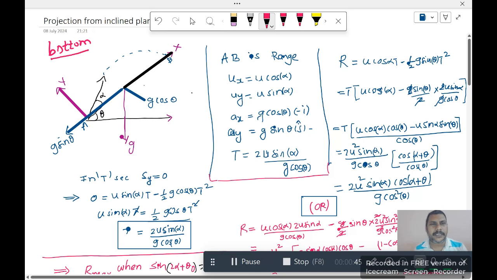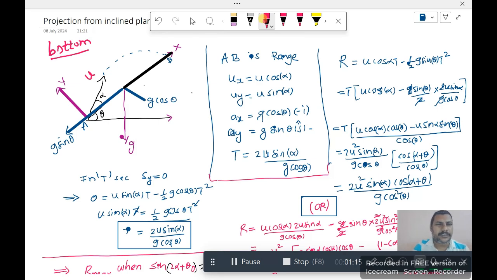So you can see here theta is the inclination angle, alpha is the angle of projection, and u is the initial velocity of the projected particle. Now the components of u and g: u cos alpha along the x-axis and u sin alpha along the vertical. Along the vertical, g cos theta.